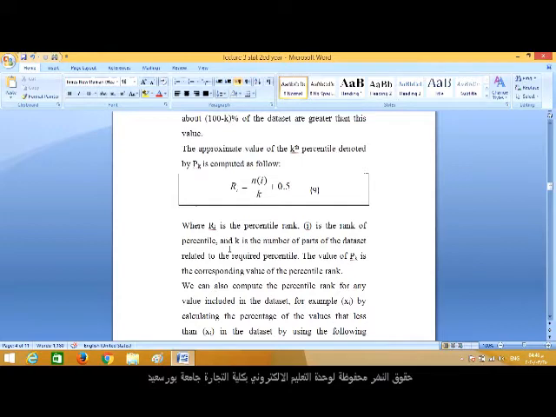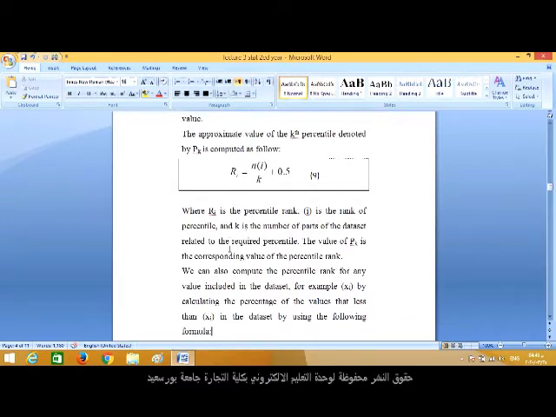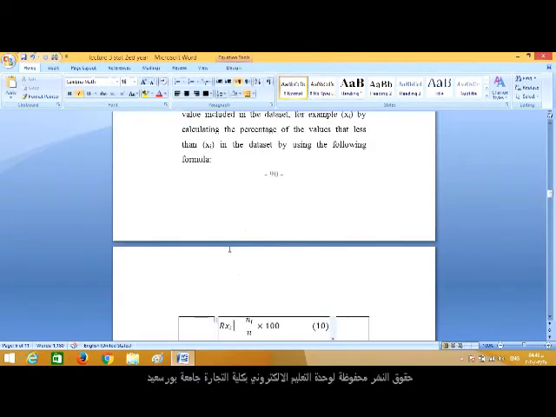The percentage is the number of values less than xi divided by the number of observations in the data set, by using the following formula.